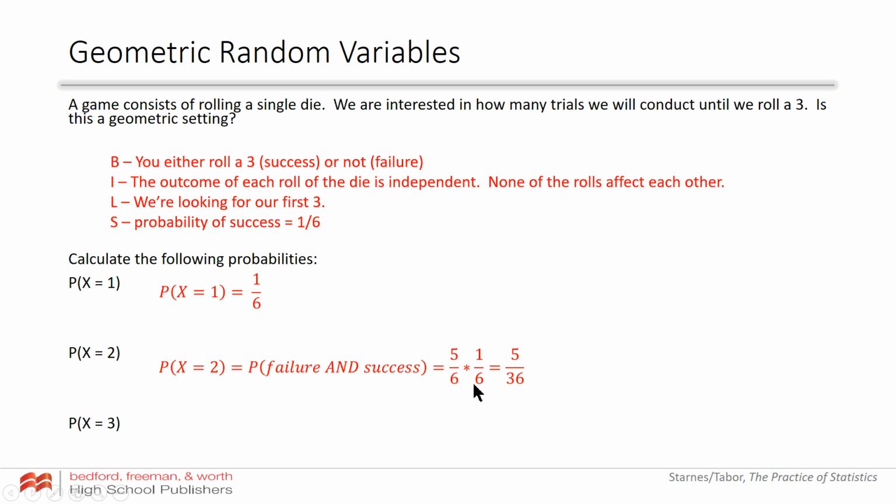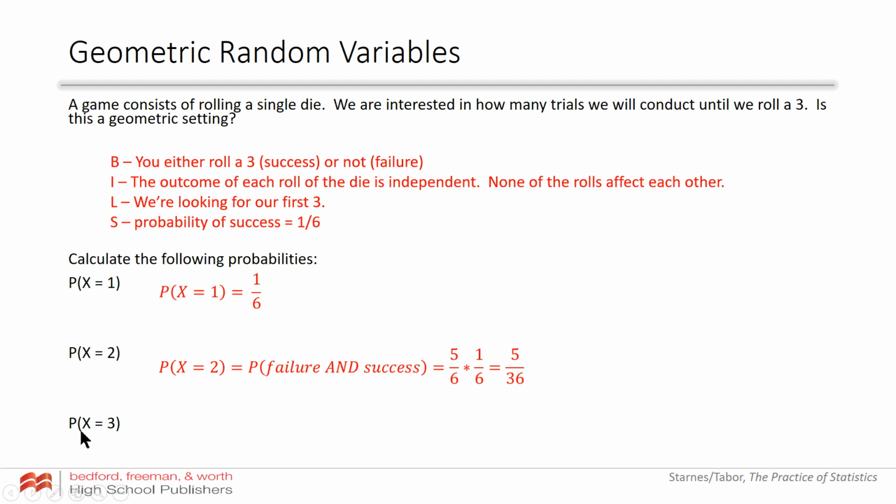And then the probability of the second one being a success is 1 out of 6. Now, the important part is that these outcomes are independent. Remember, just like in binomial, we need this independence so we can then multiply. Remember, and means multiply with our probability rules, but only if we have independence. So because these are independent, I can just multiply these probabilities. So the probability that I get my first success on the second roll is 5 out of 36.